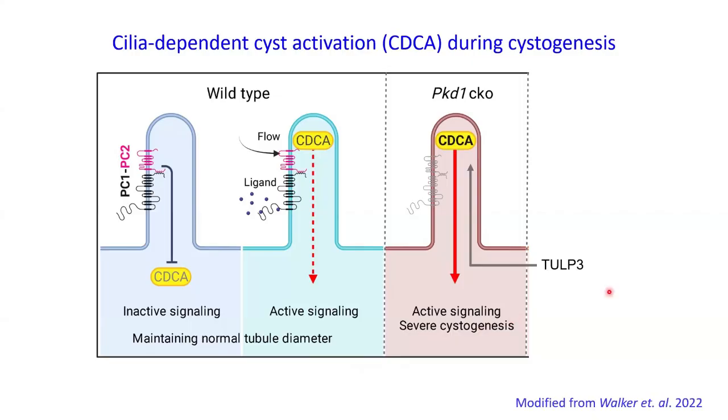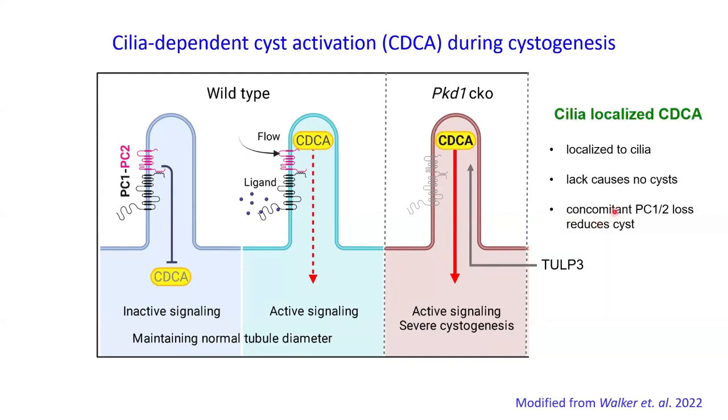And TRP3 can recruit something into the cilia, which can control the cystogenesis. This ciliary localized CDCA may not cause cysts, and concomitant polycystin loss reduces the cyst. What can this unknown CDCA be?